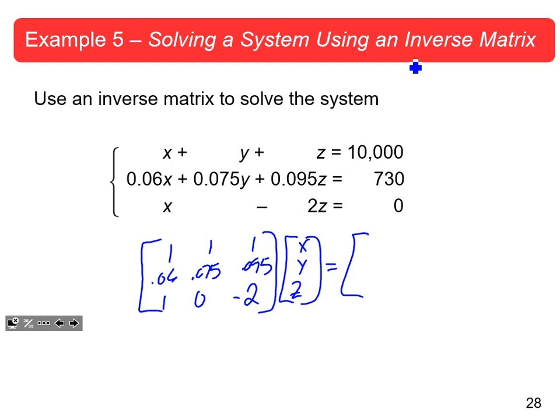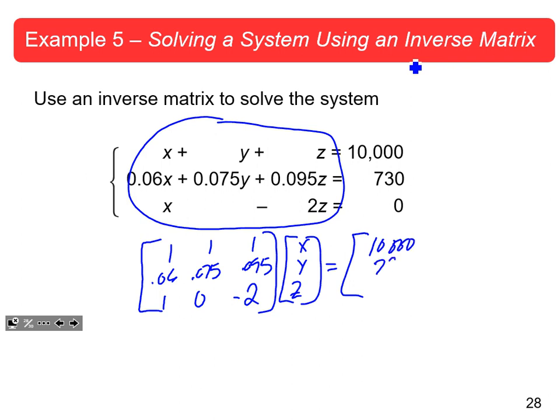We multiply by x, y, z because those are the variables. Because again, when we multiply, we go over, down, and that would give us all of this here. Now we set it equal to 10,730 and 0. So this is how we would get the problem set up and get it started.